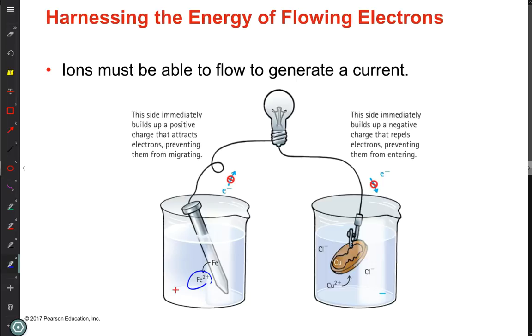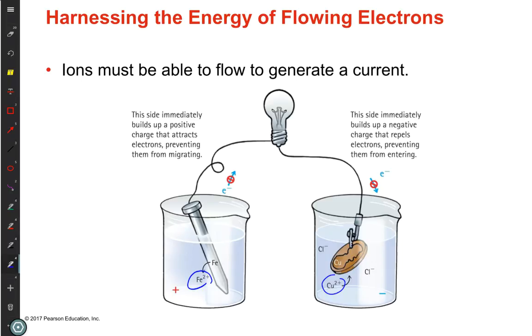Now, if we look at the copper over here in chlorine, we have copper that's in the water attaching. Notice the arrow is the copper attaching and becoming neutral. So if we have copper 2+ and it becomes neutral, what happened in terms of electrons? It gained 2 electrons.